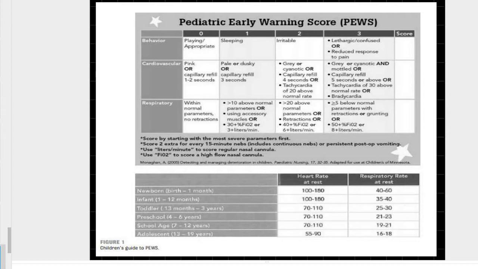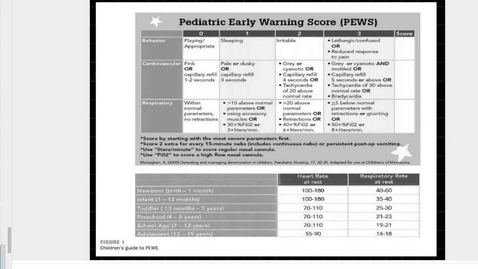But you can see it's a 0, 1, 2, 3 score. Looks real similar to scoring for an APGAR chart. Behavior, playing appropriately, is 0. They're pink, capillary refill's good, it's a 0. Respiratory rates within normal parameters and no retractions of the chest wall, no seesaw breathing, anything like that. Those are 0s.